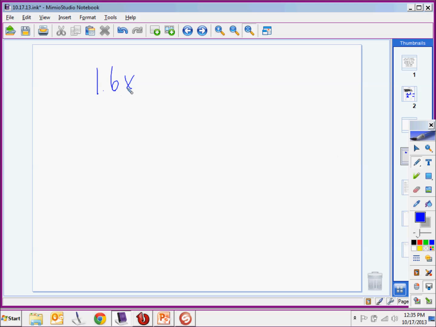So number 2 without a calculator would look like 1.6x minus 2.2 is less than or equal to 4.8x plus 7.4. So what I need to do is get all my variables that have an x on one side and all my variables that do not have an x on the other side. So you add 2.2.